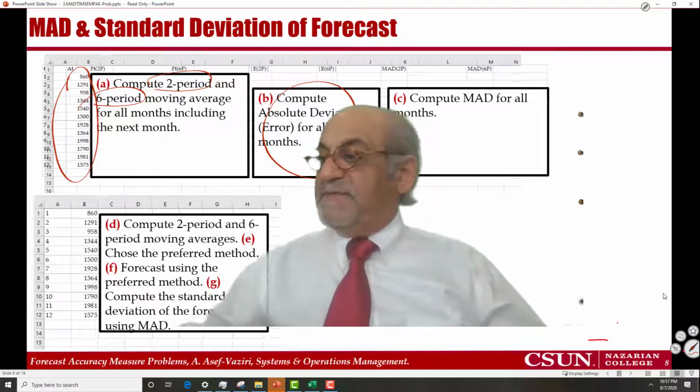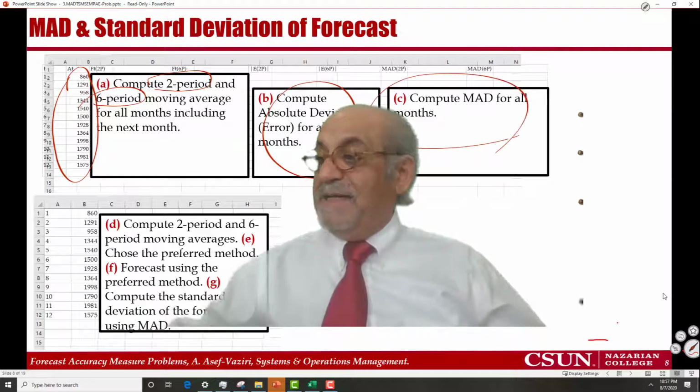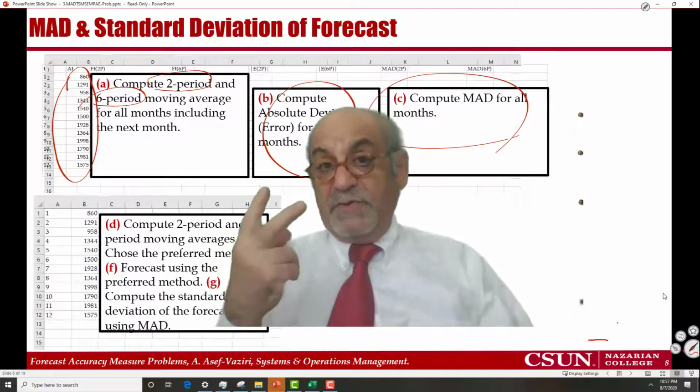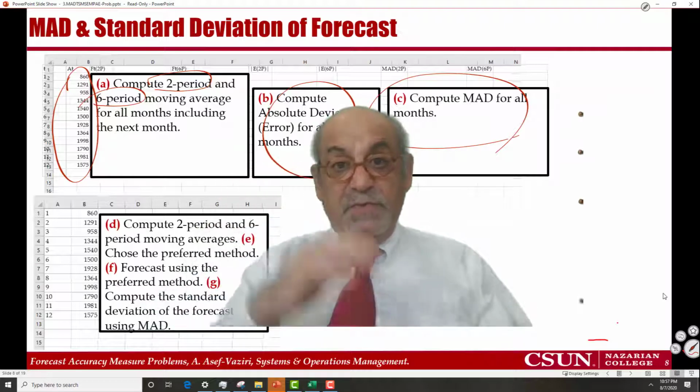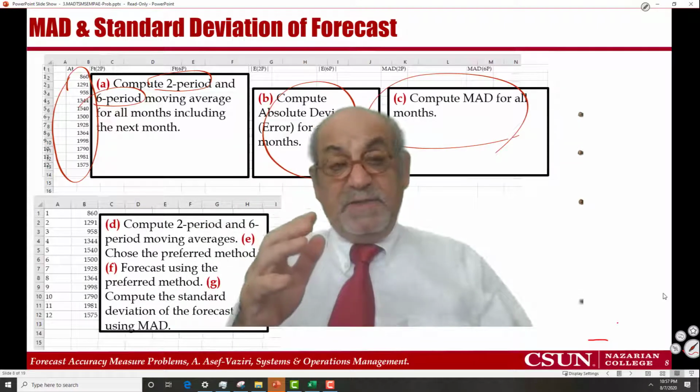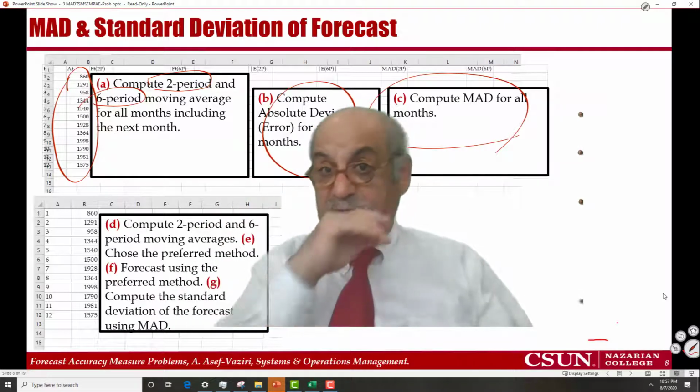Then the problem asks for computation of MAD. I can compute MAD for 2-period moving average from period 3 to 23, and for 6-period moving average from period 7 to 23.